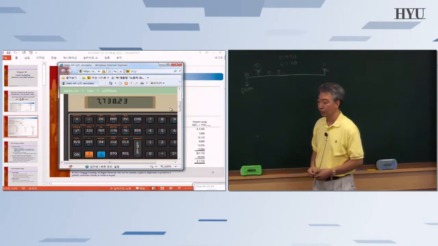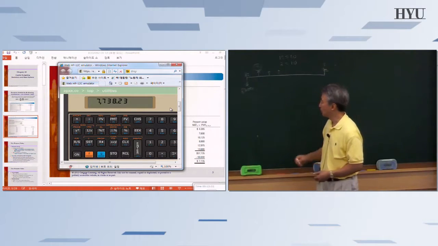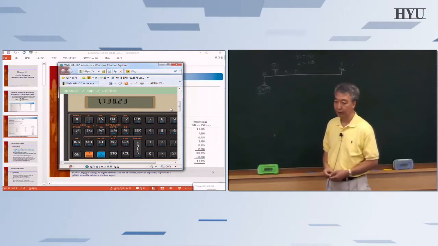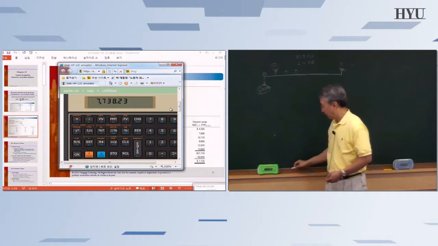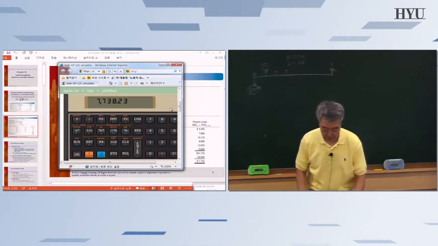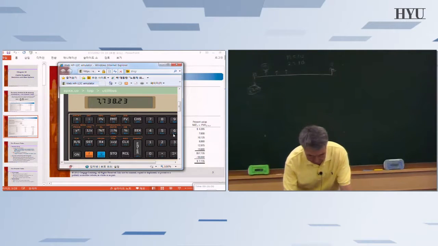Should we use the present value or future value of annuity? I think you should use present value of annuity. The present value of annuity is 80,000, future value is 0, and you should somehow come up with the payment. But if you use the calculator, you can solve it very easily.